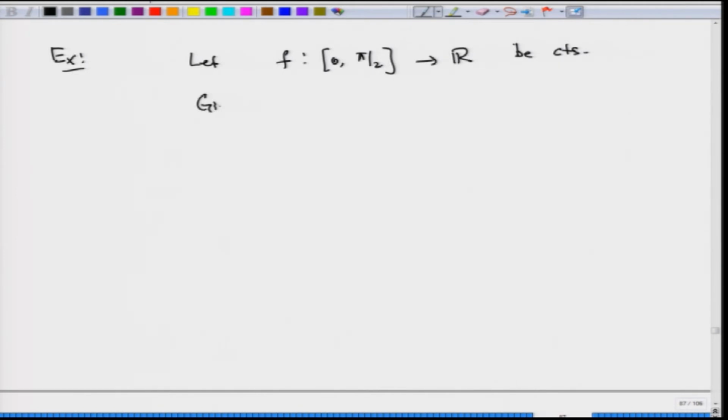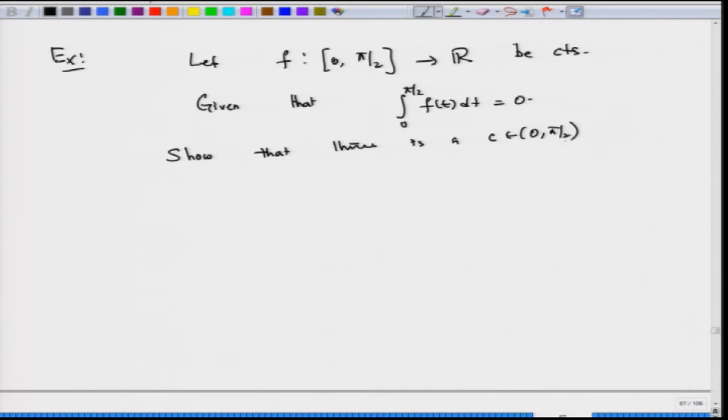Given that f is such a continuous function, given that the integral from 0 to pi by 2 of f(t) dt is equal to 0, then there is a c such that f(c) is equal to 2 cos 2c.